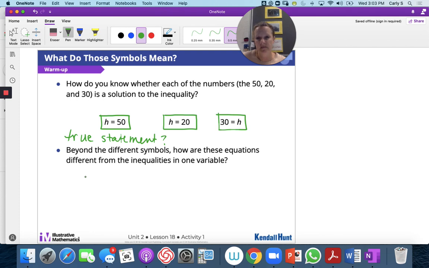Beyond the different symbols, how are these equations different from the inequalities in one variable? I don't know how to read that.